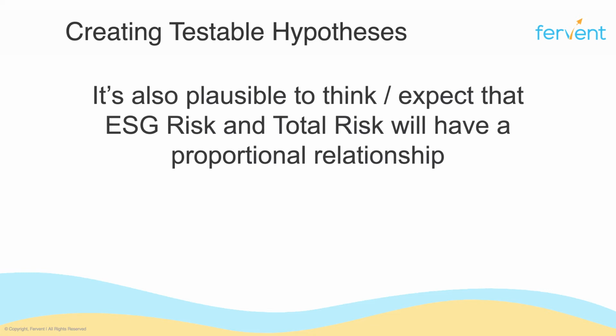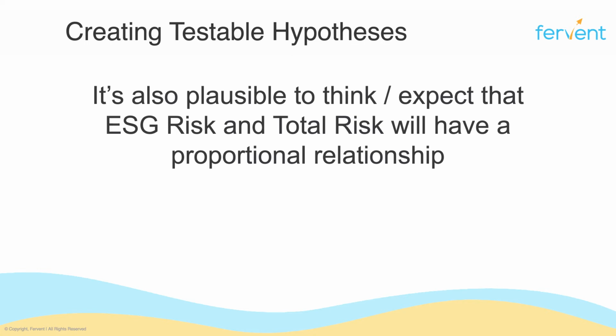So if we say that ESG risk and total risk have an inverse relationship, then we would be implying that the weaker the governance of a firm, the less risky the firm is from a total risk standpoint. And the stronger the governance of a firm, the stronger or better a firm's corporate governance measures are, the more risky the firm is, right? And of course, that doesn't quite make intuitive sense.